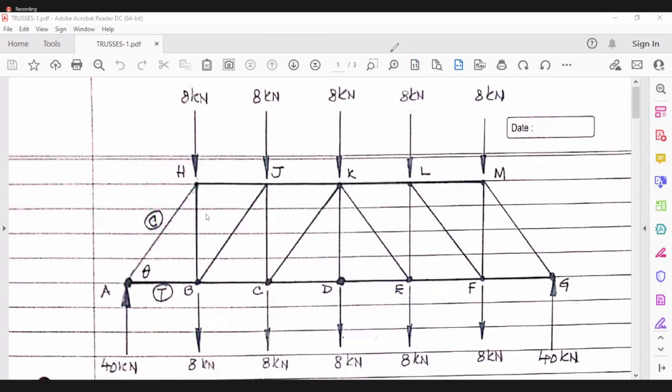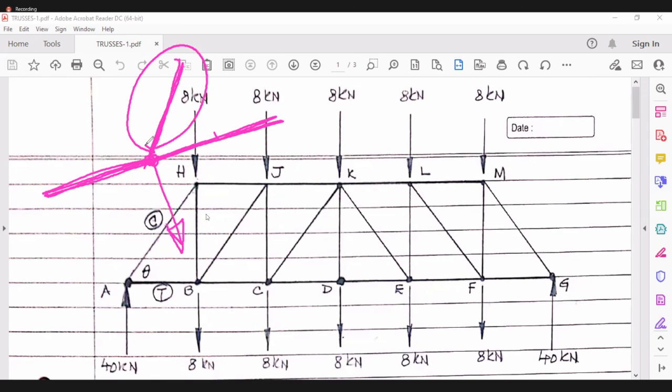Again, if at a joint there are 3 members, but here there is a force acting, then this need not be a zero force member, because this component will be neutralized by this, and a pull over here and a pull over here will balance the y direction force.